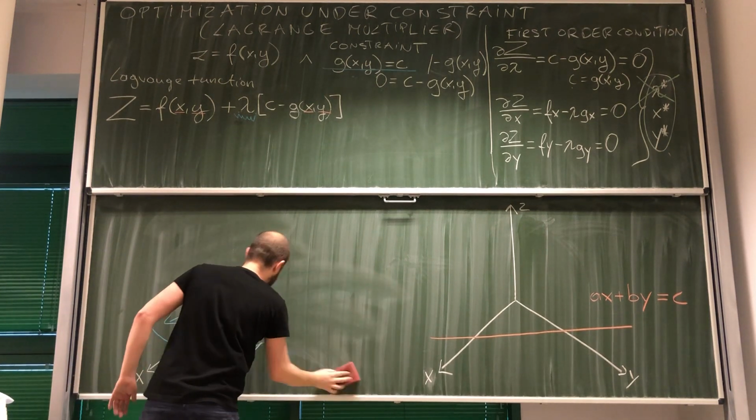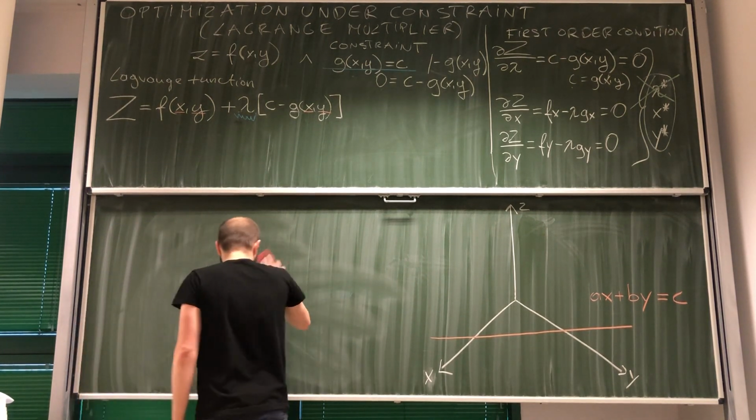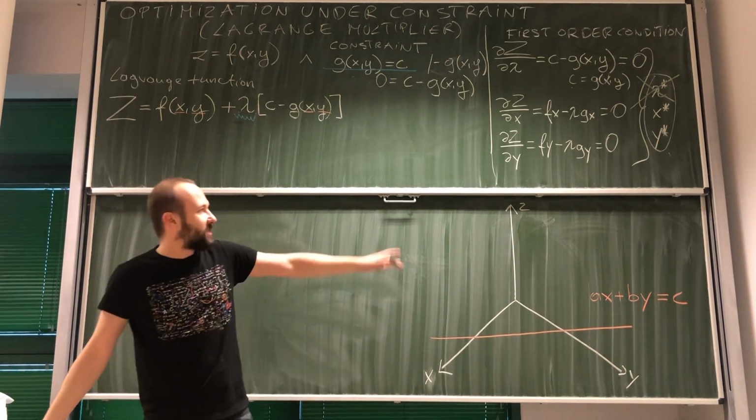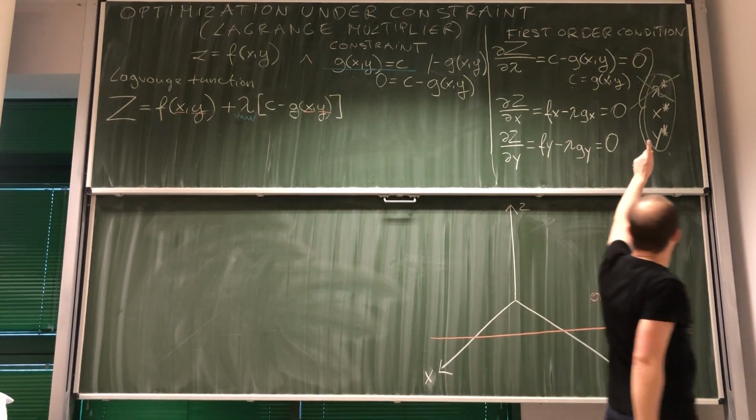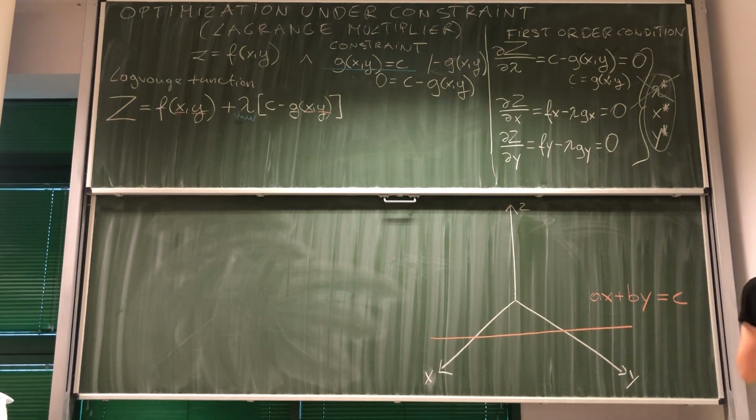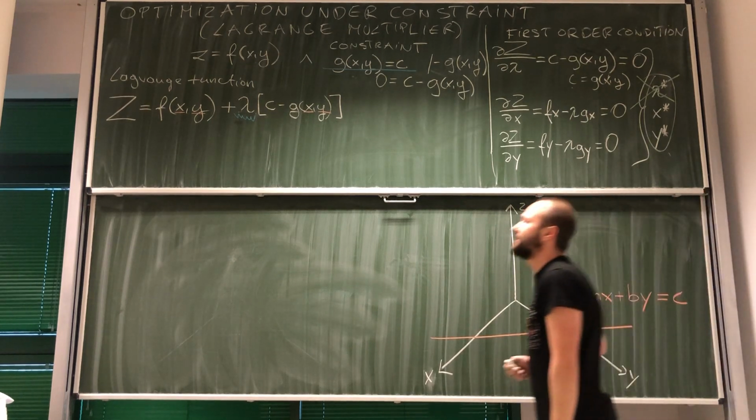Okay, now, what else do we have here? Okay, let me just erase this blackboard. And look, now let's just say that we found a candidate for minimum or maximum. And so how do we decide? Of course, we use the second order condition.